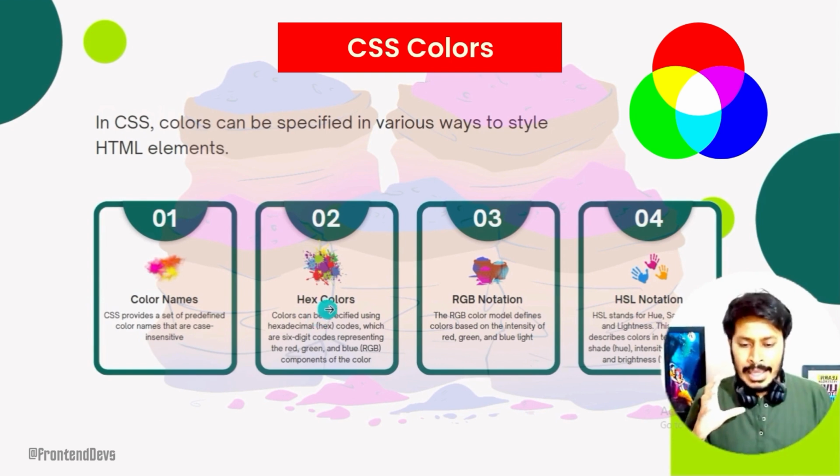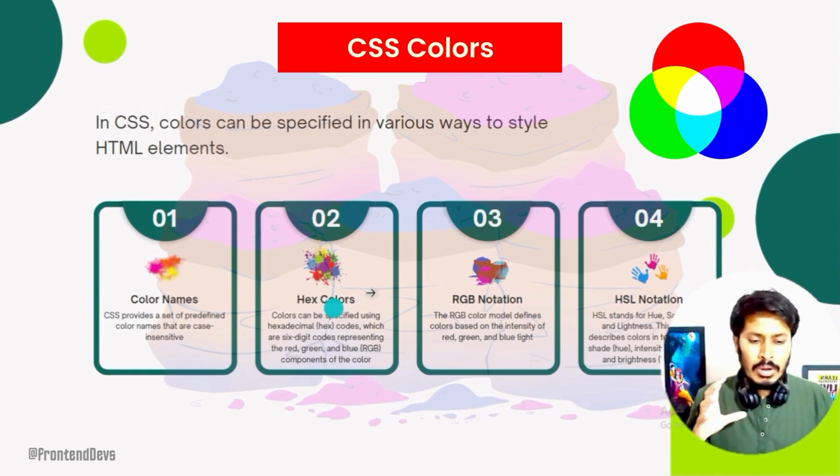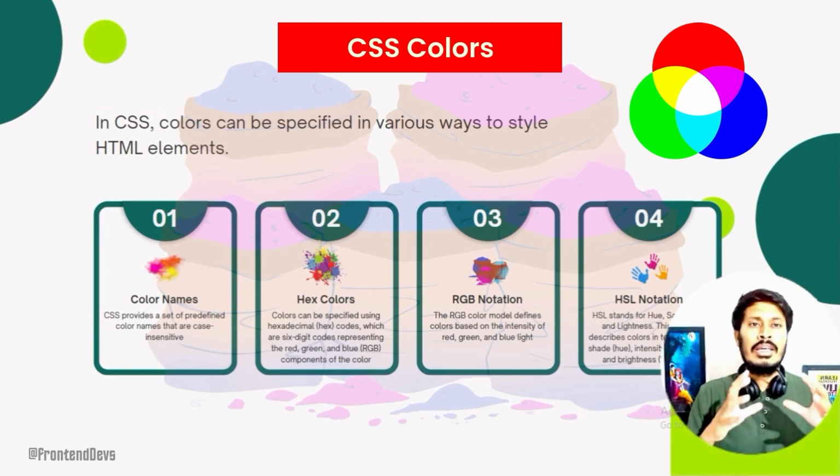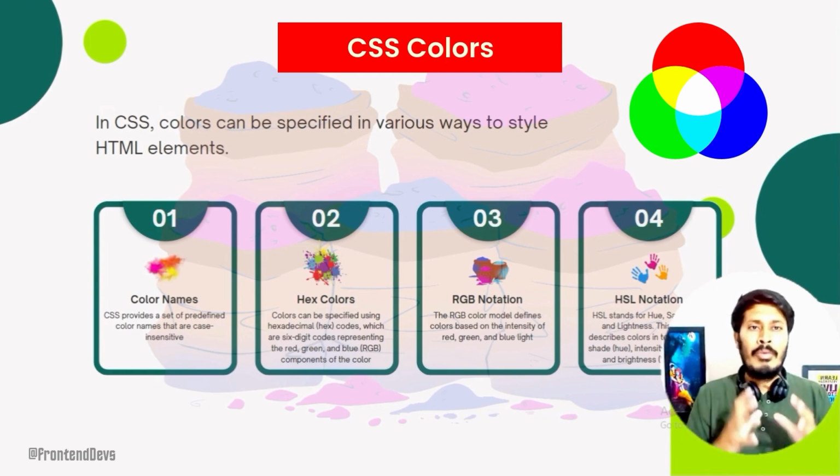When we talk about hex colors, a color can be specified using hexadecimal codes, which is a 6-digit code representing the red, green, and blue components of the color. Then we have a third way, that is RGB notation. When we are going with the RGB notation, we are using the RGB function and we need to pass three different values to it.